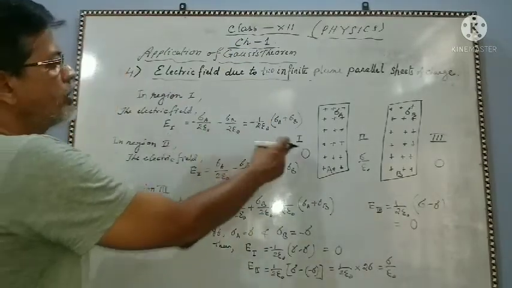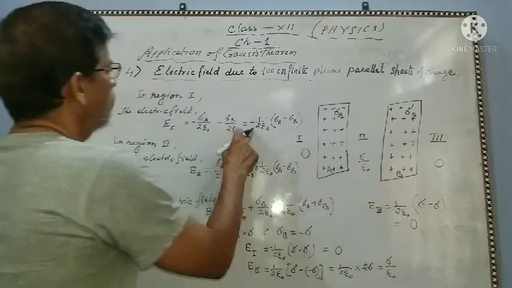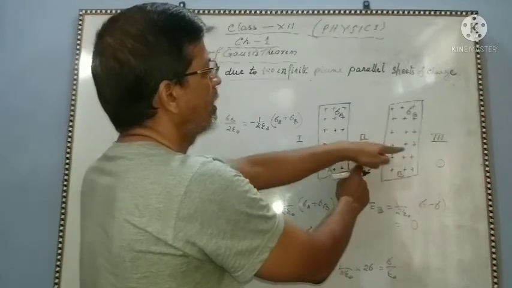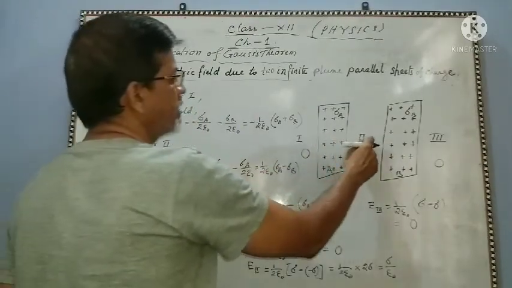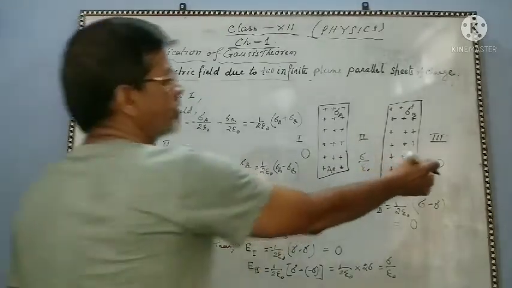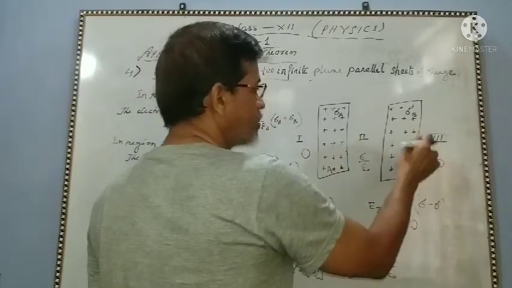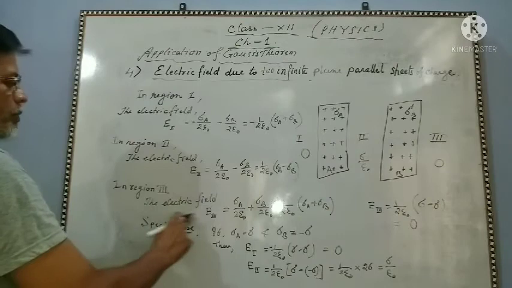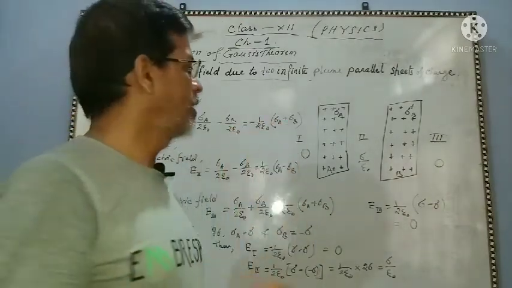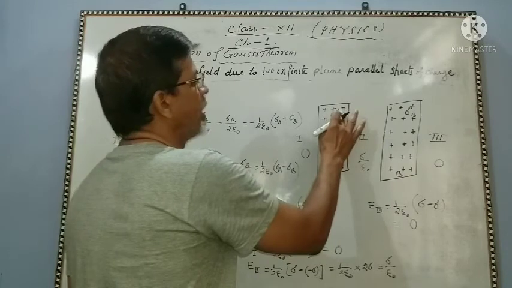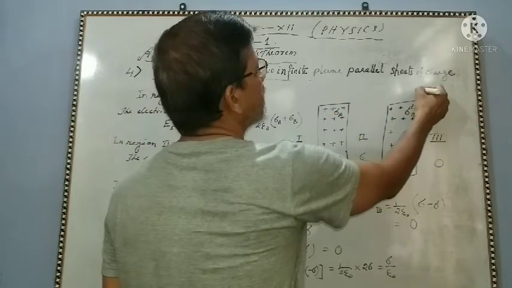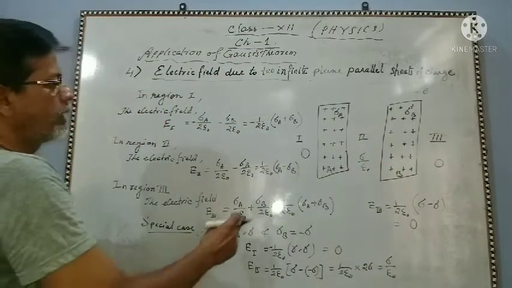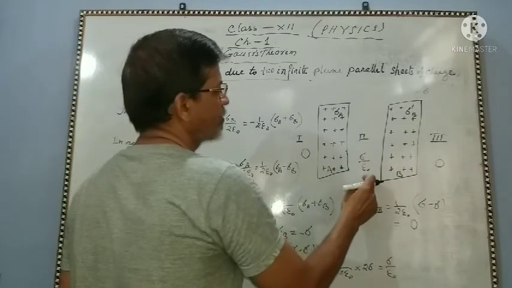Then the special case is suppose this is sigma and this is minus sigma. Then we are getting E1 equals 0, E2 equals sigma by epsilon naught, E3 equals 0.